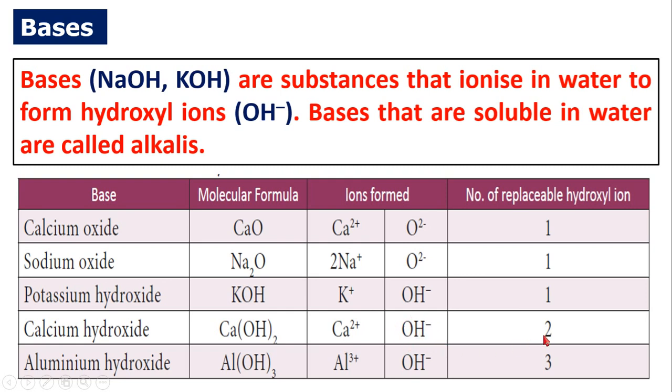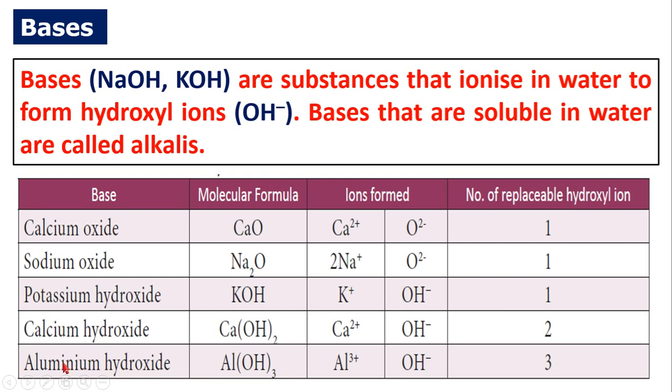Only one hydroxide ion, here Ca2 plus. Here, look at here 2. So here OH twice means 2 hydroxide can be replaceable. Because hydroxide has a valency 1, you have to put 2 here, and here put minus 1.